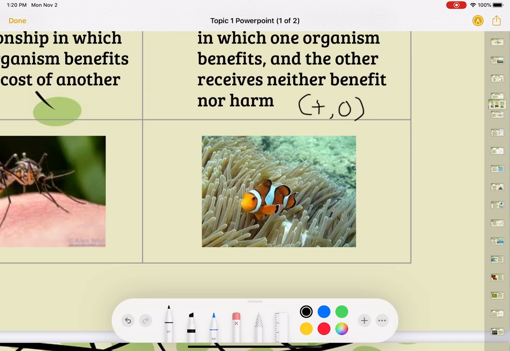An example they have here is a clownfish and an anemone, where the clownfish uses the anemone to hide and protect itself, where the anemone gets really nothing out of it. It doesn't harm it by the clownfish being there, but it also doesn't benefit from the clownfish there. So that's a really good example of a commensalism relationship.